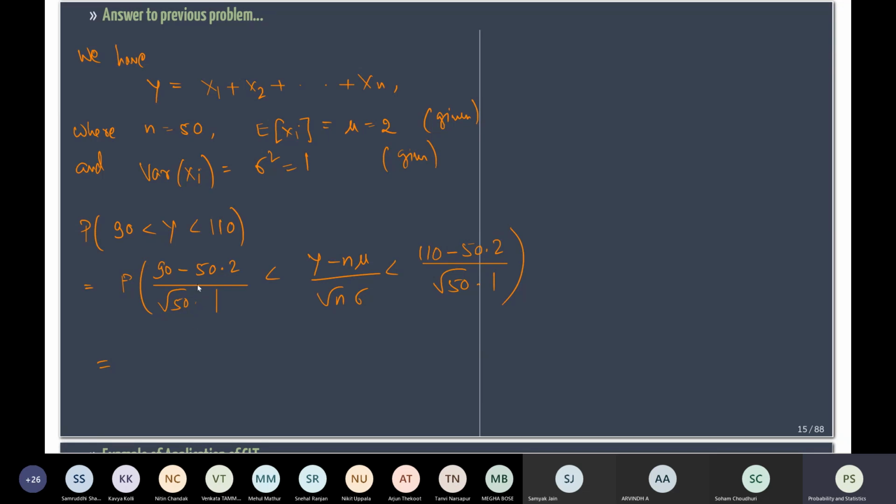This is the probability that minus 10 by square root of 50 is less than Y minus n mu, I just keep it for the moment, less than 10, divided by square root of 50.